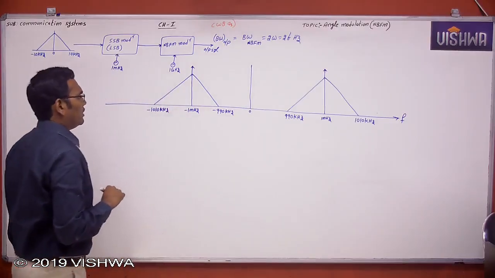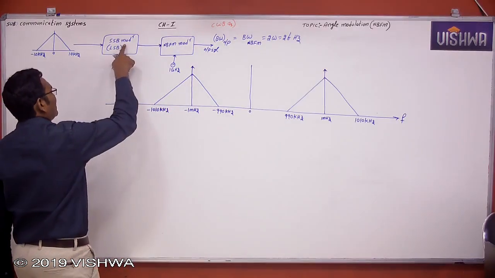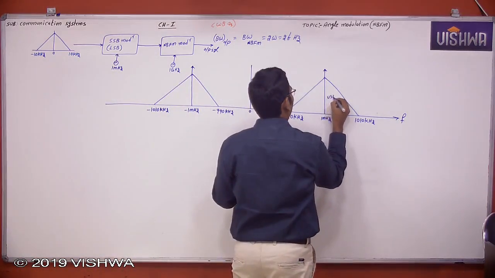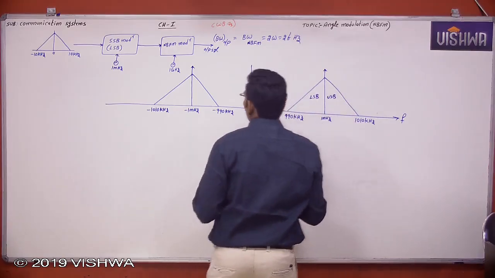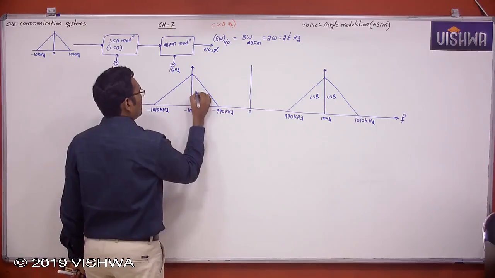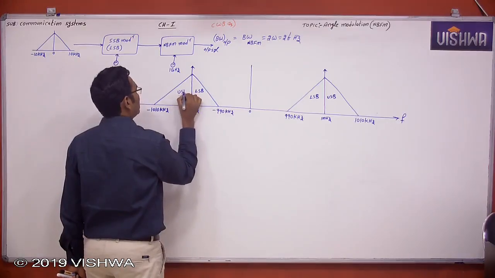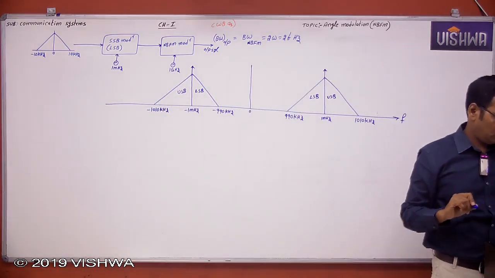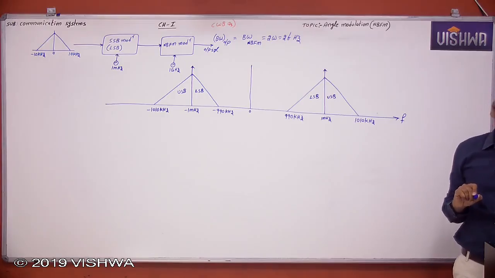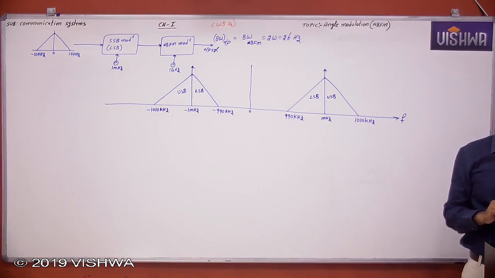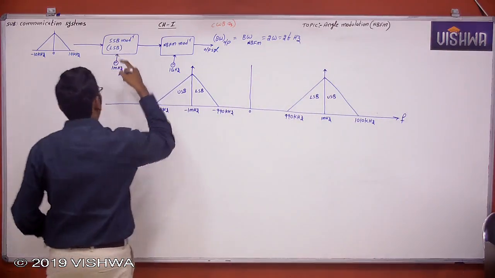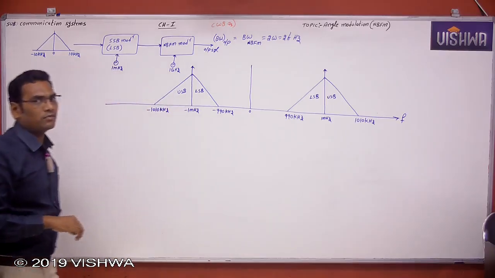This is amplitude modulation. But what we need now is SSBSC with the lower sideband. This is the upper sideband, this is the lower sideband. Now on this side, this is the lower sideband and this is the upper sideband. So now the SSBSC modulator with lower sideband: first you take this one.